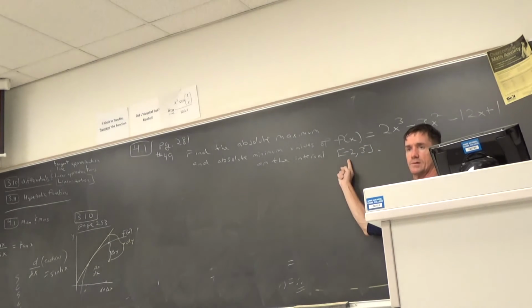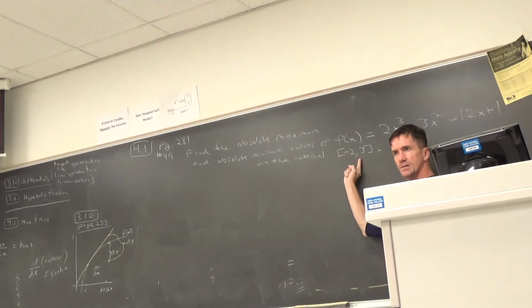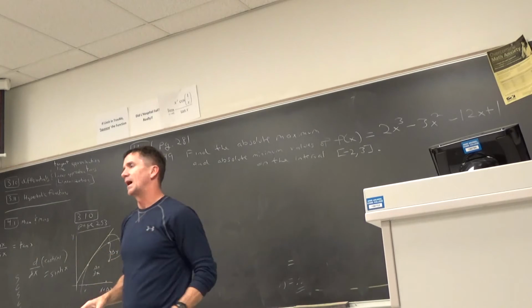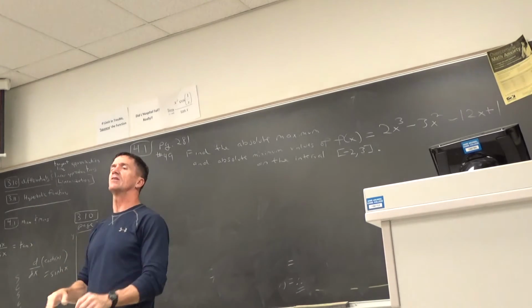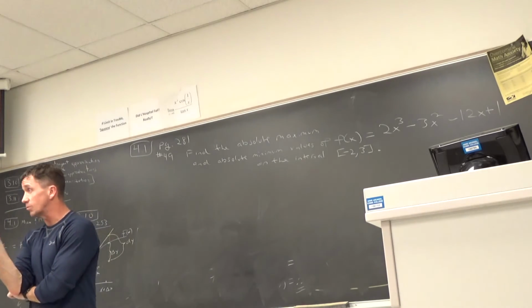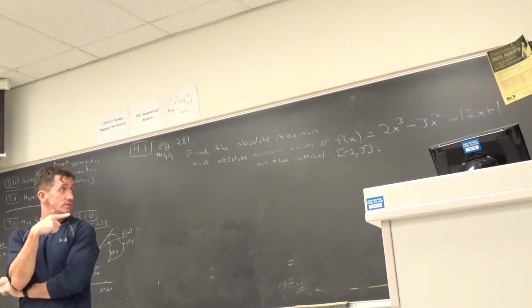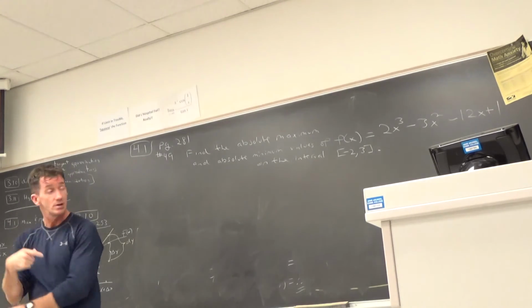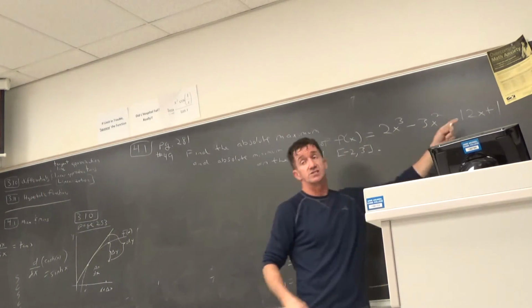So we're going from negative 2 to 3. But I know you might be like, let me go look at the graph. I'm going to go blind on this, because I don't need the graph. I know the process. I'm going to check the endpoints. What are the two endpoints? I will take those numbers and plug them into this equation and see what I get.